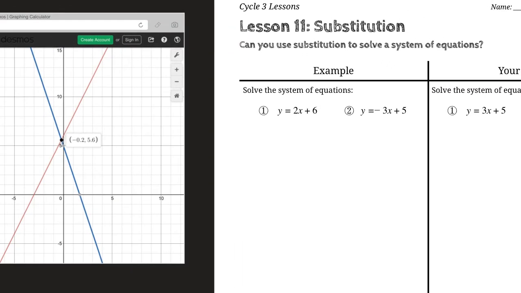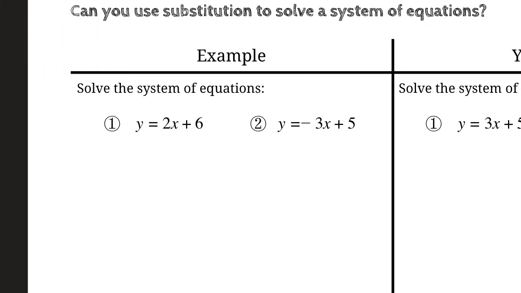So with substitution, the way it works is like this. We realize that this is the x value and y value that makes this equation true. And it will work if I plugged in negative 0.2 and 5.6 into both of these equations. It would make them both true. So the thing we've got to keep in mind for substitution is that this y and this y are going to be equal to each other at our solution.